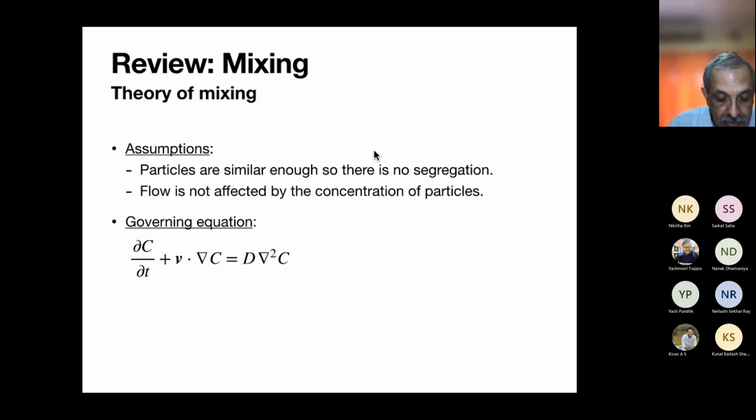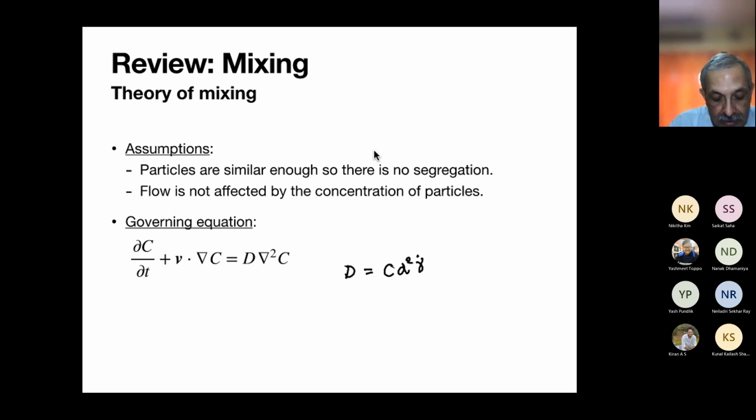This is the rate of change of concentration. This term is known as the convective term. That is change in concentration due to the flow. And this last term is the change in concentration due to diffusivity. Here D is the particle diffusivity, and we saw that it can be written as just C times d squared times gamma dot, where d is the particle diameter, gamma dot is the shear rate, and C is some constant.